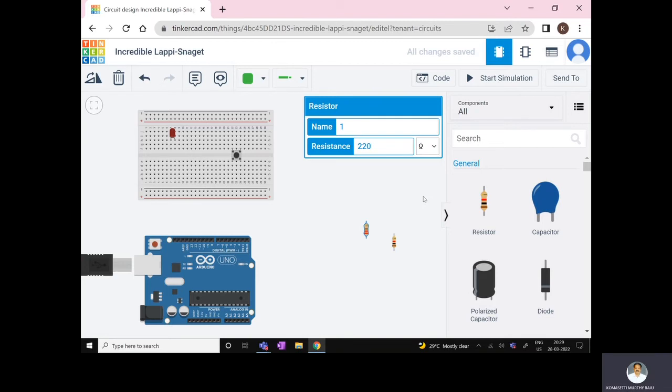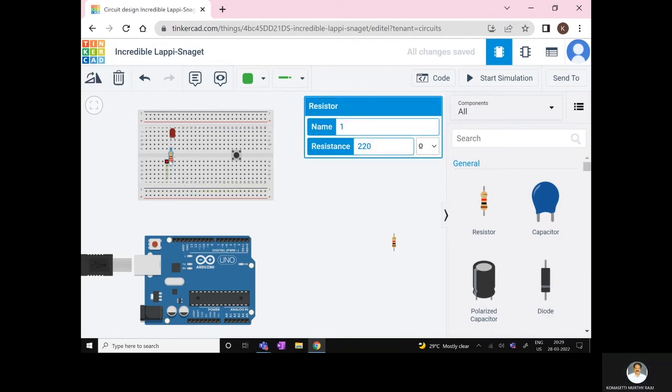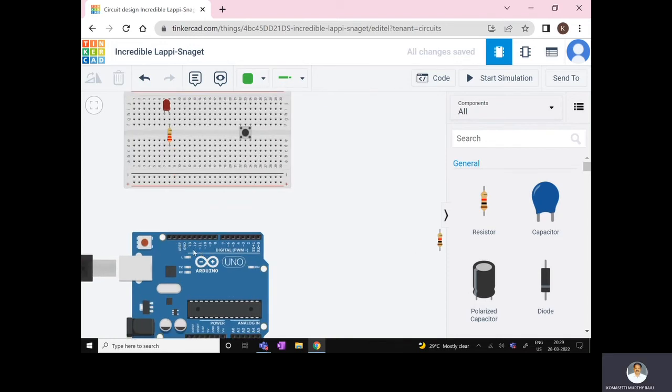The 220 ohms is connected to the 13th pin. See the 220 ohms. See this 13th pin. The 13th pin is connected to here.